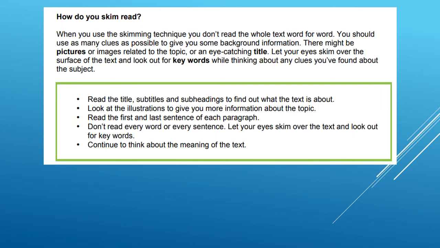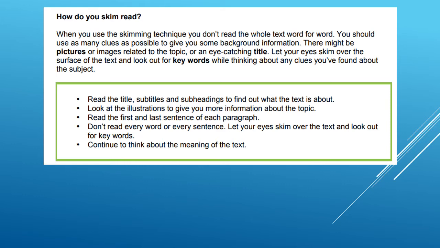How do you skim read? When you use the skimming technique, you don't read the whole text word for word. You should use as many clues as possible to give you some background information. There might be pictures or images related to the topic or an eye-catching title. Now you have to look at all this and get a general idea.